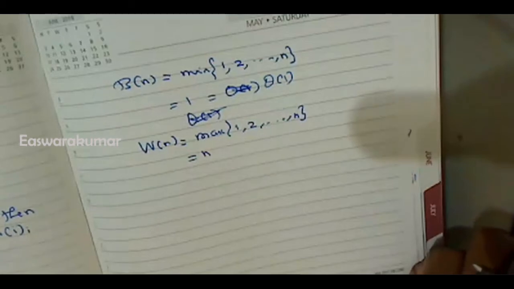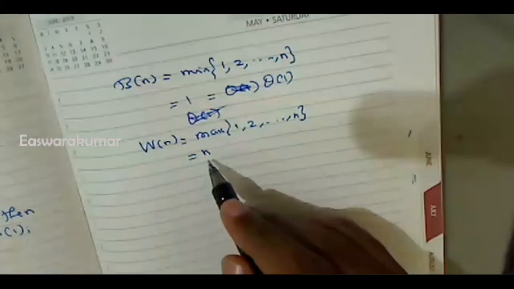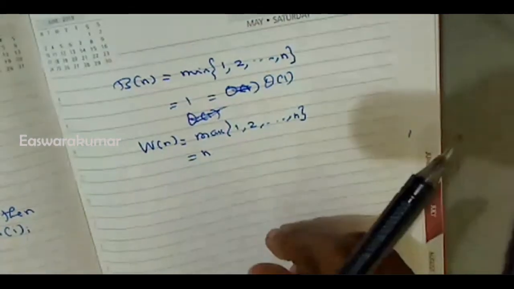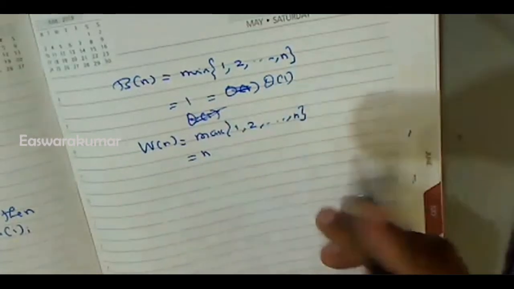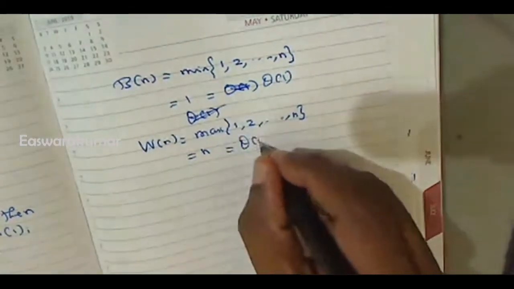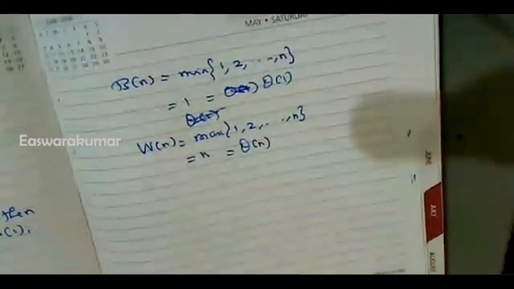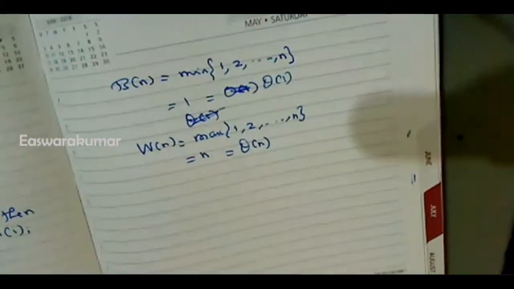Even if it is not present, unless we compare the n positions, we cannot say, right? Therefore, the worst case complexity is n. Once again, this is exactly n comparisons required, and hence you can say that the complexity is theta n.